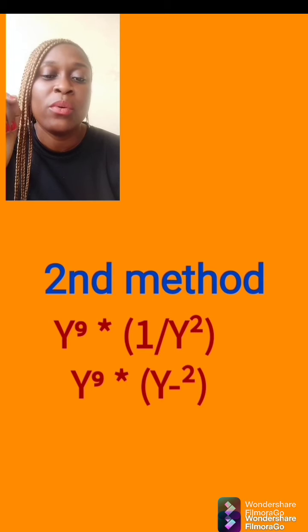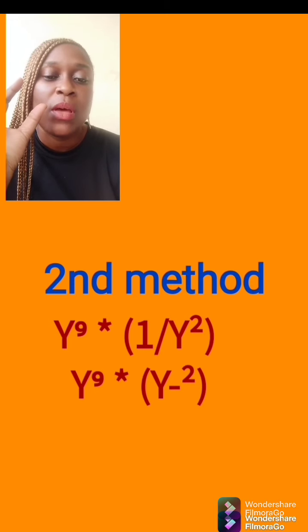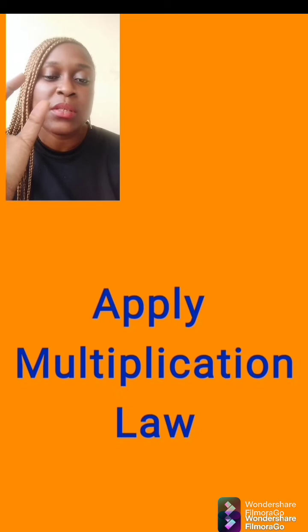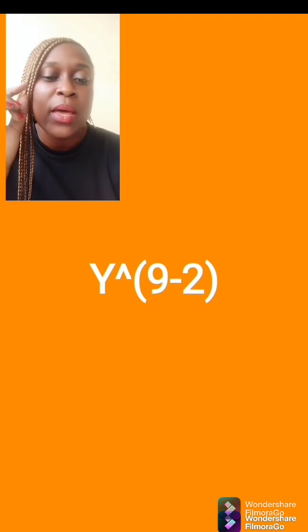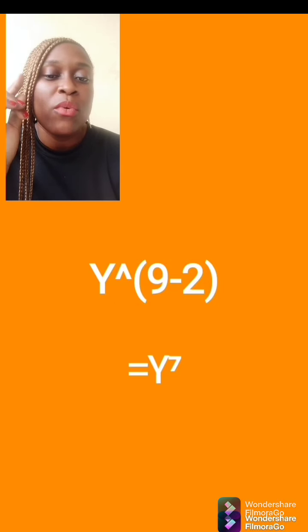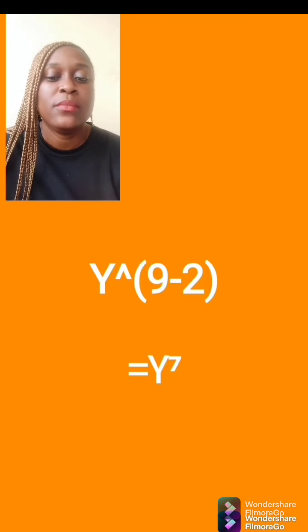So our answer will be y raised to power 9 times y raised to power minus 2. So if we apply the multiplication law of indices, we're going to have y raised to power bracket 9 minus 2, which is y raised to power 7.